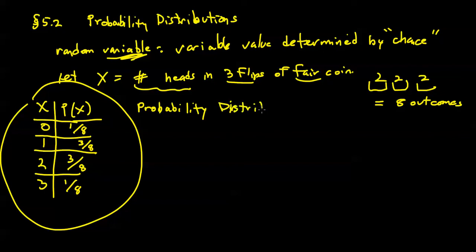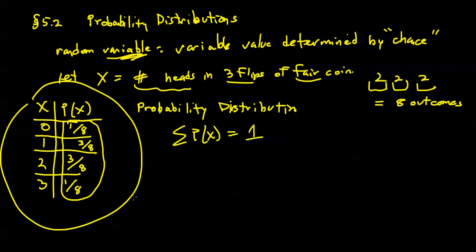And what a probability distribution does, it distributes 1 unit of probability amongst all possible values of a random variable. You can convince yourself of that by noting the p of x column adds up to 1, and that always happens in a probability distribution. Now, let me write this down.